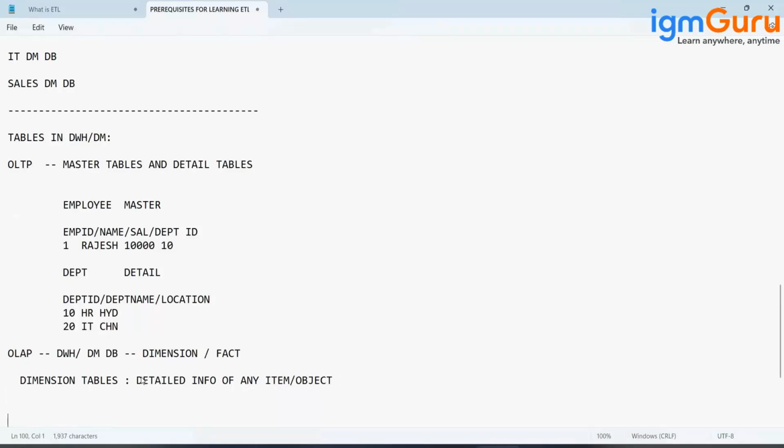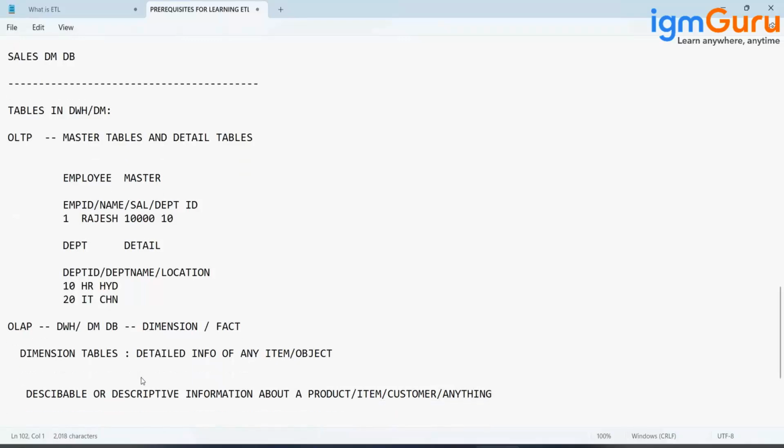So this always talks about descriptive information about a product, an item, a customer, or anything which is describable.